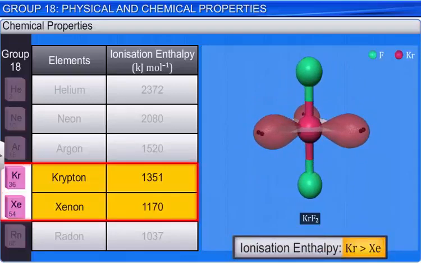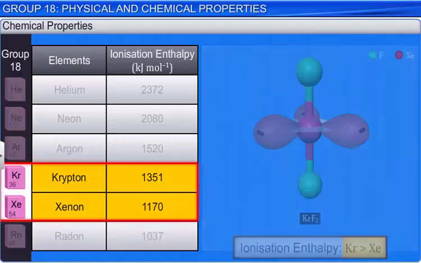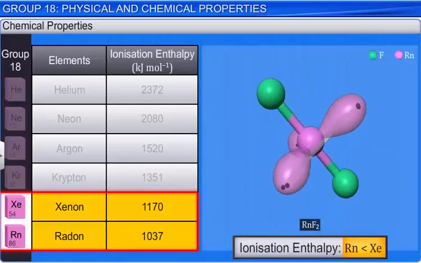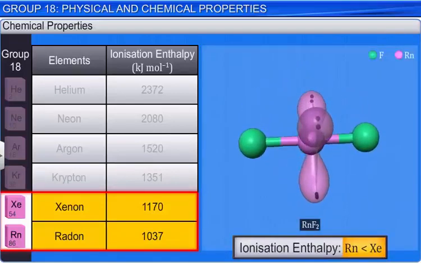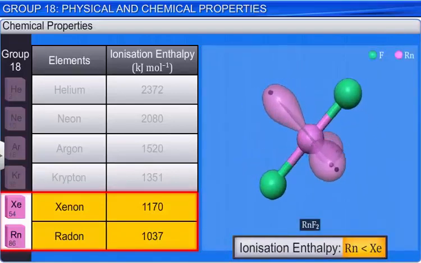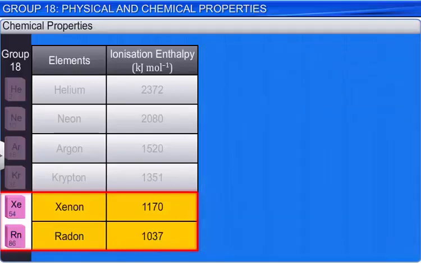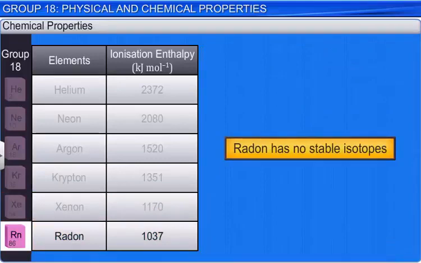Even though radon has less ionization enthalpy than xenon, it forms only some compounds like radon difluoride and some complexes, since radon has no stable isotopes. However, xenon forms a markedly greater number of compounds.